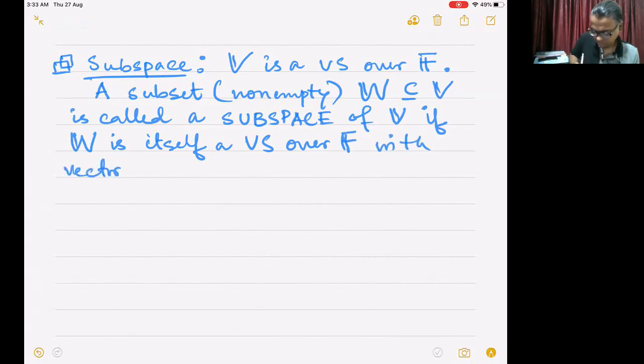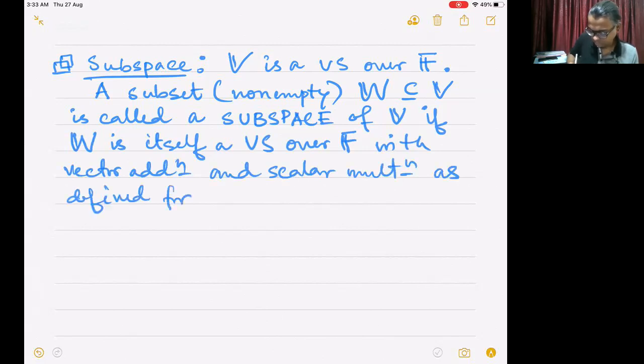with vector addition and scalar multiplication as defined for the parent space V. That means W is a subspace if first of all it's a subset to start with, and then it itself is a vector space.